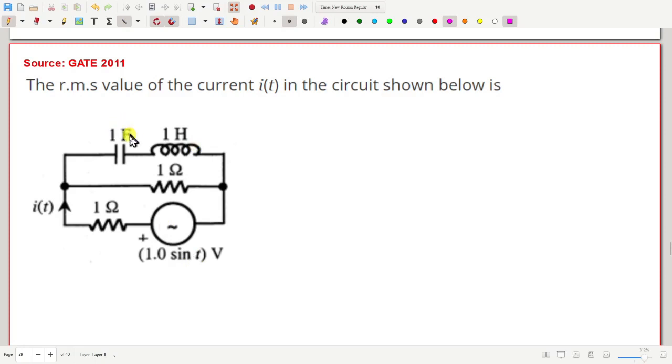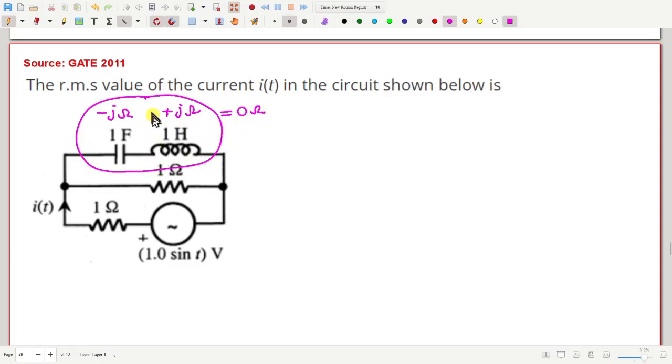So this capacitive impedance will be how much? Minus j1. And the inductive one is j1, so together they are 0. So these two together is 0.